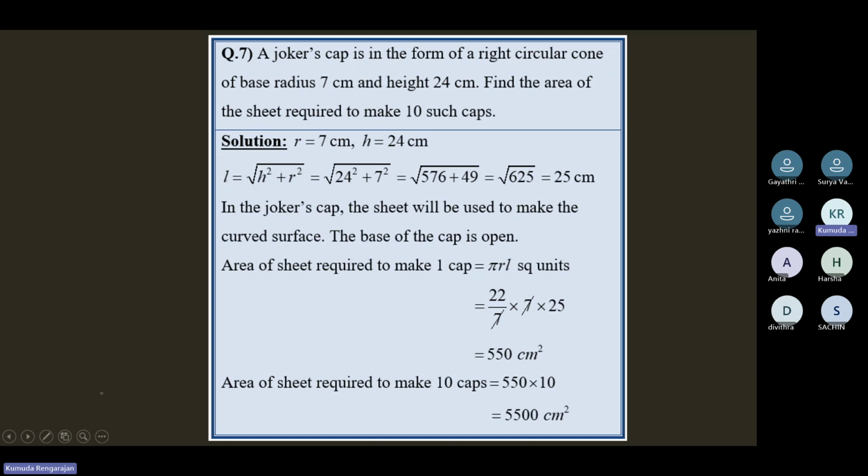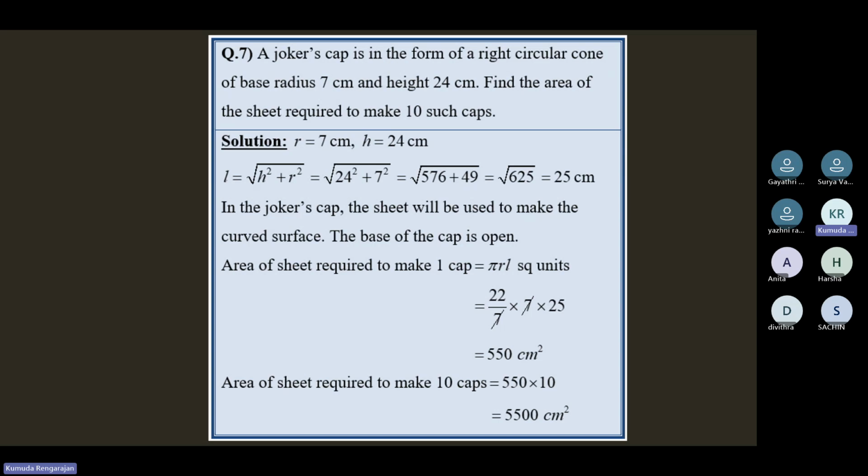So you should not find volume here. Volume is to fill. If you're pouring something inside the cone, then it is volume. Otherwise, it is area.